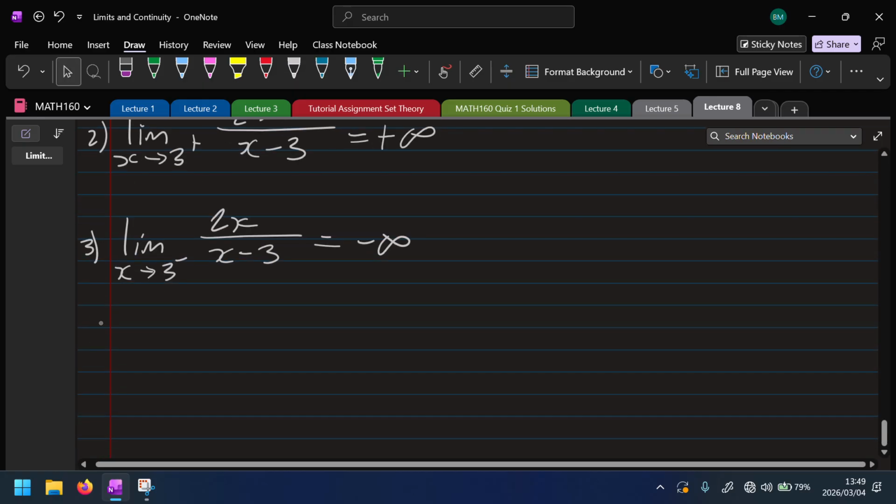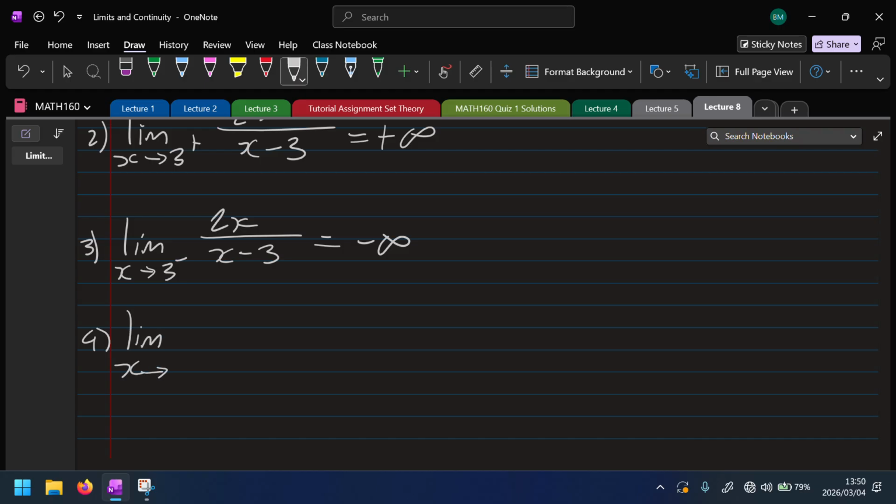Number 4. We have the limit as x goes to 3 minus of 2 over x plus 3. We go through the same thing as before. Look at the bottom. We are approaching 3 with the little minus, so it's less than 3. So we have 3 plus something less than 3.